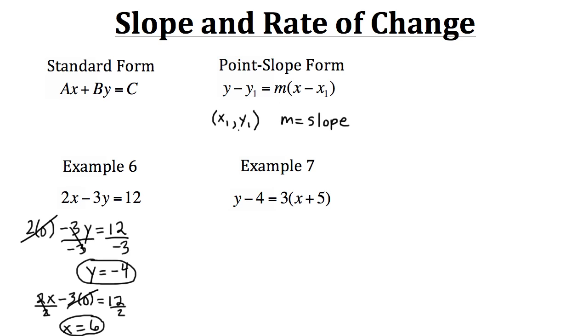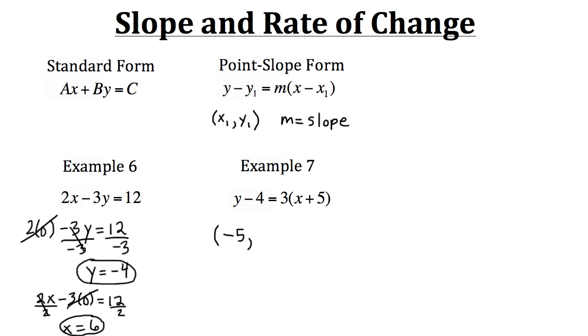Well, for the x1, we find it by the x minus x1. Well, here we have an x plus 5. Now what this tells us is that our x value is negative, because when you minus a negative value, it becomes a positive. So our x value for the point is negative 5.